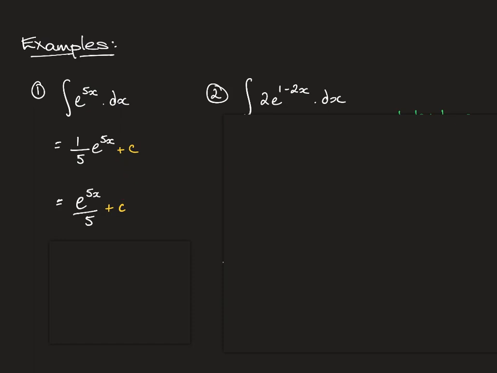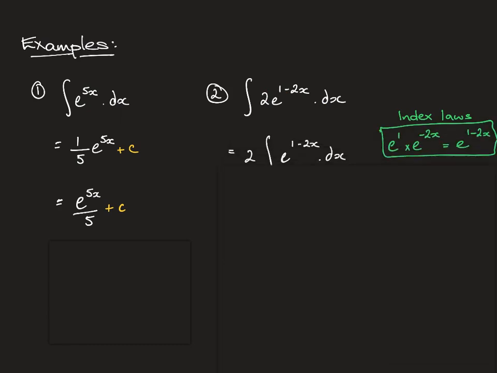Okay, second one looks a little bit more complicated than the actual formula itself. The integral of 2 e to the 1 minus 2x dx. So this 2 is a common factor, so I can bring the 2 out the front, and then it starts to look a little bit more like what we had for our pattern.